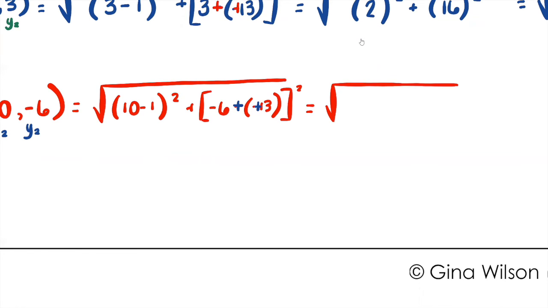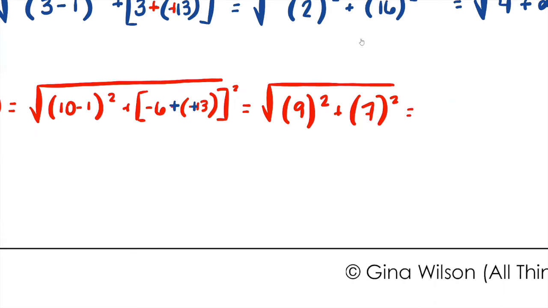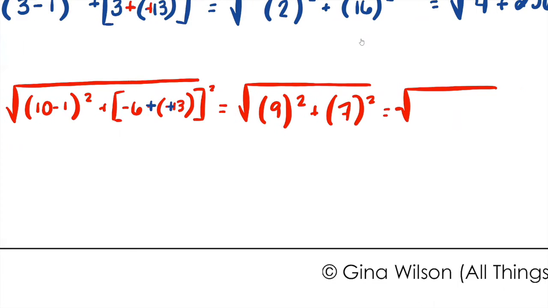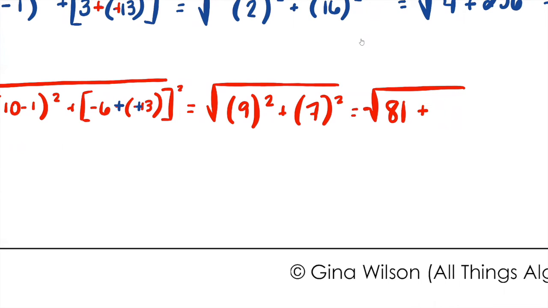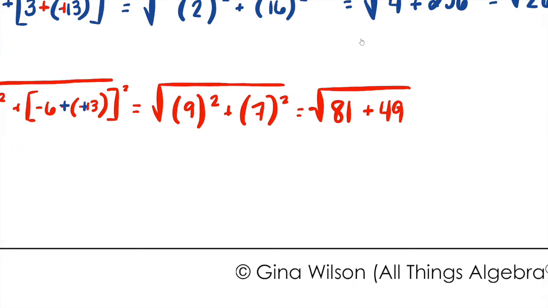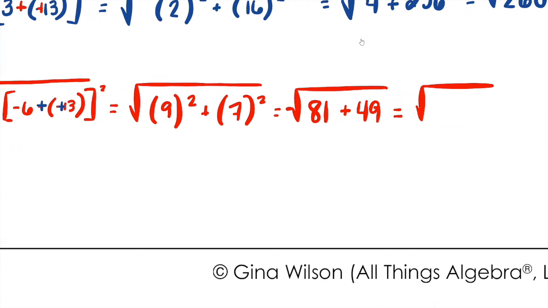Ten minus 1 is 9. Negative 6 plus 13 is 7. 9 squared is 81. 7 squared, 49. 81 plus 49 is 130.